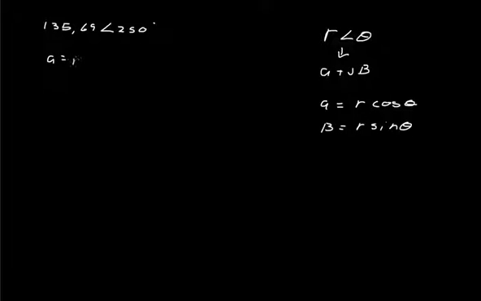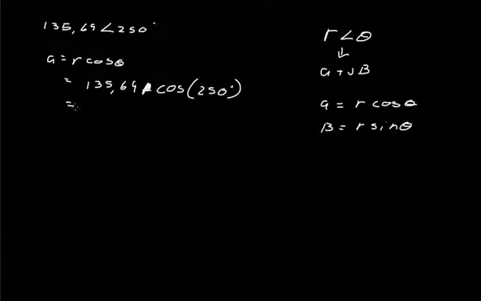A equals r cos theta equals, what is r? According to the form, r is 135.69, theta, cos of theta, according to the form, theta is 250 degrees. You pop that into your calculator quickly to get the value of A.